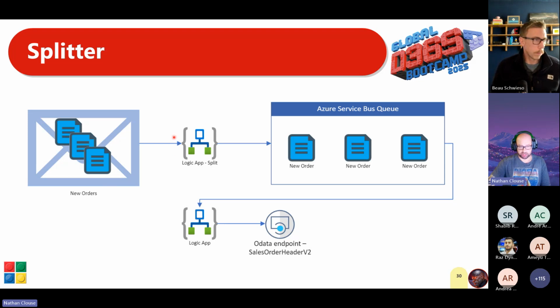So what I need is a logic app or just middleware in general to split that message up into 3 single messages rather than 1 message with 3 elements in it. So that's what we're doing here. We take this message that has 3 parts in it, have a logic app split it out and drop it off in an Azure Service Bus Queue. That just takes the 3 messages as individual messages. Then a logic app just processes those 1 at a time from that queue, and we send it over to an OData endpoint.